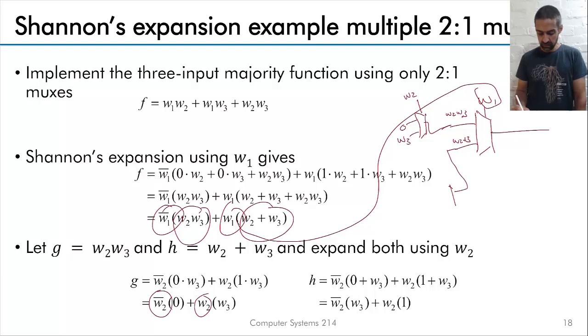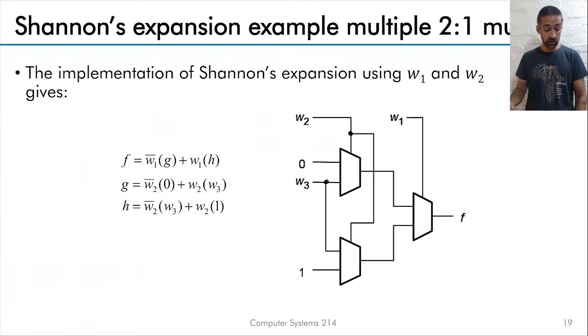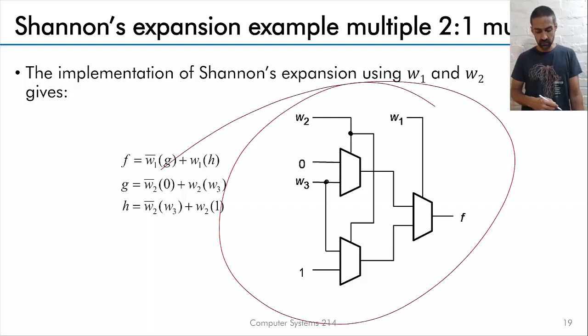Same here, a multiplexer, and this multiplexer will select using W2, and it selects either W3 or it selects a 1. And this is the full-blown implementation using only multiplexers. As you can see, this is exactly the same as what they've drawn here. They've just connected those two and connected those two.